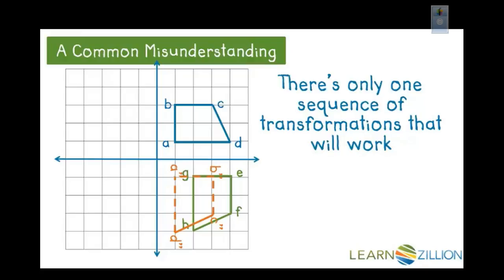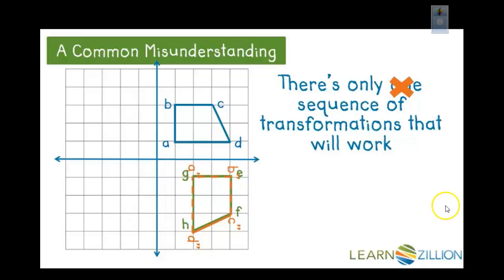This sequence uses a 90-degree clockwise rotation and a 1-unit translation to the right to show congruence for the same problem that we solved using 2 reflections, a rotation, and a translation. In fact, there are multiple ways to get to the same result using different sequences of transformations.